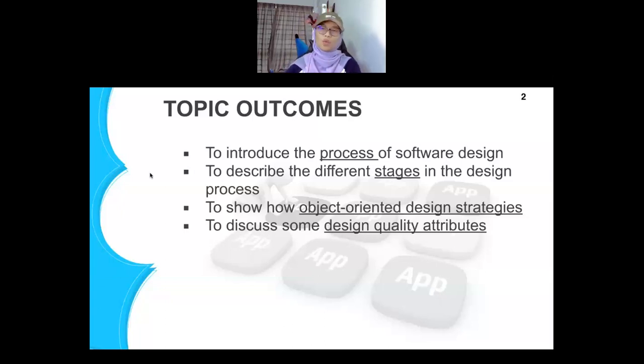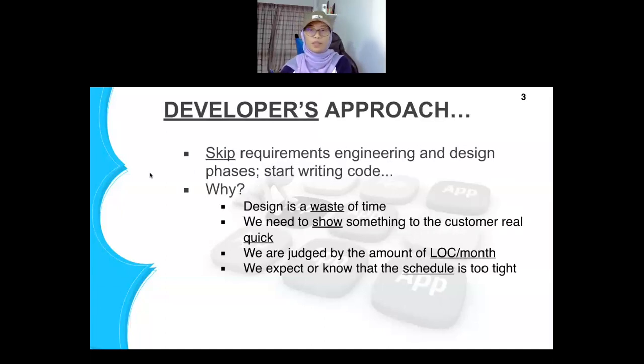So overall, it's talking about the design process, principles, attributes, and so on. As a developer, developers normally like to skip the requirement engineering and design phases. Why? Because they are trained to think that design is a waste of time. Normally a developer is good in programming, good at writing code, so they think: forget about the design, I want to start coding.